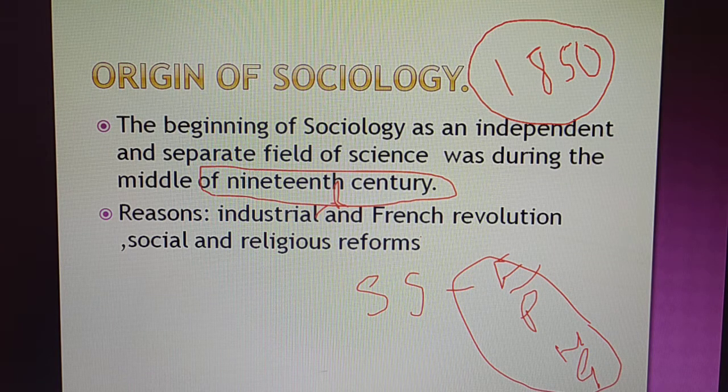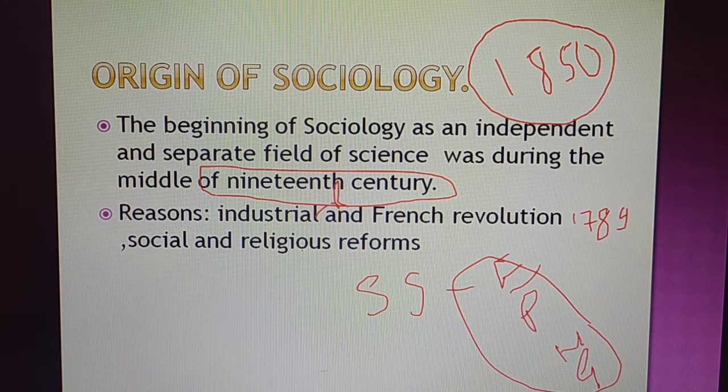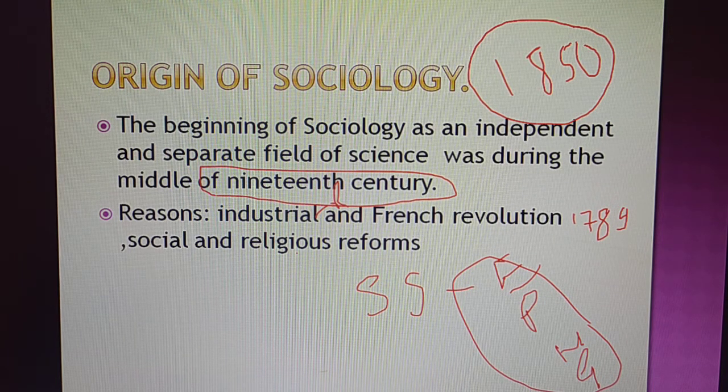Next, the French Revolution, which occurred in 1789, very easy to remember as 789 in serial order. Social and religious reforms also started to take place in the European countries, such as Italy and others. These are the main causes for making sociology a separate subject.